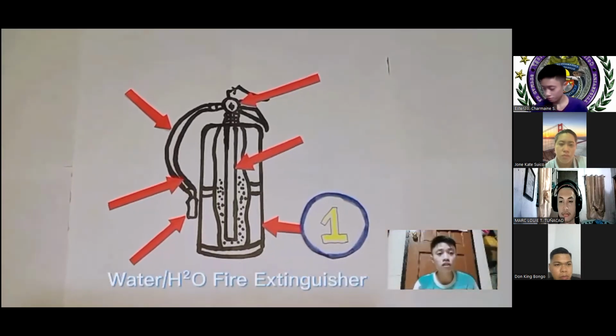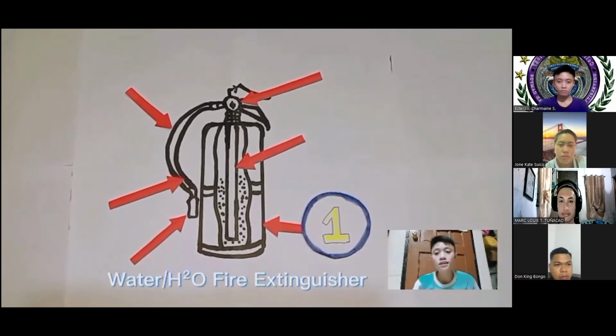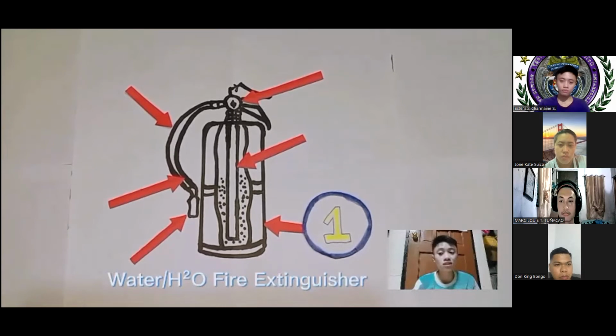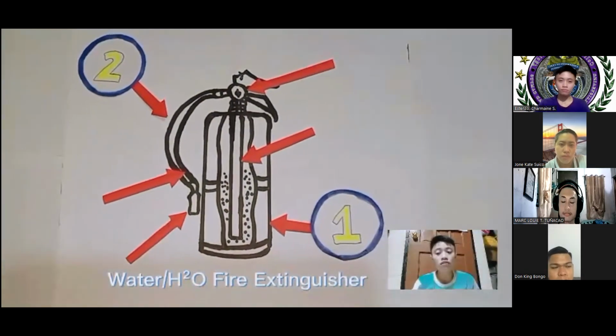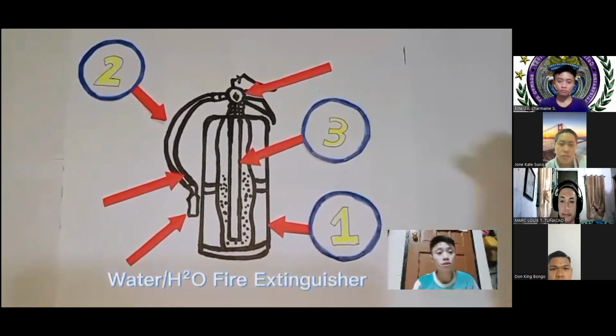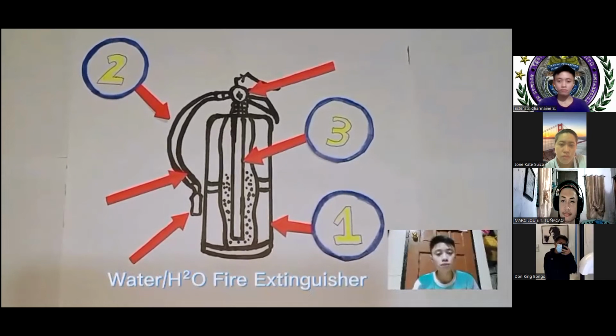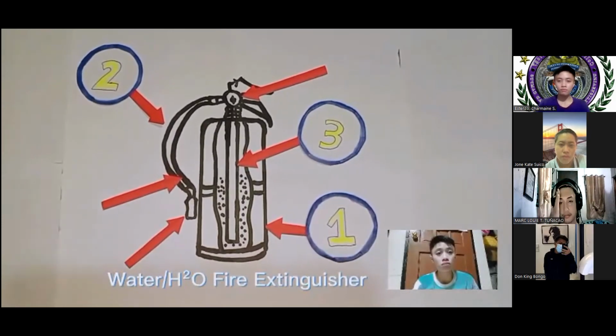The first part of the water fire extinguisher is the shell or cylinder tank. It is flat on the bottom and dome shaped on top. It contains the extinguishing agent. Number 2, the valve. It serves to control the flow. Number 3, pickup tube. A tube inside the tank to carry the extinguishing agent from the bottom to the top. 4, the hose.